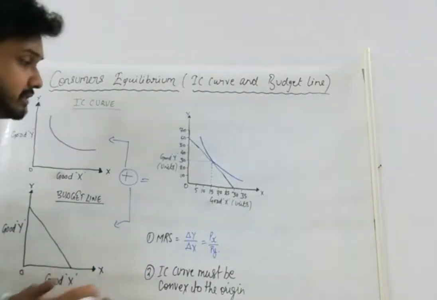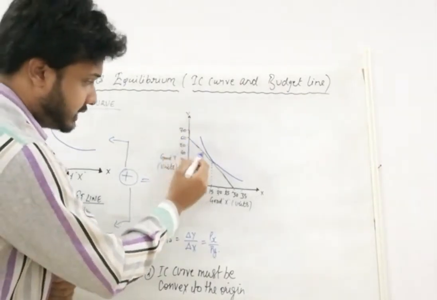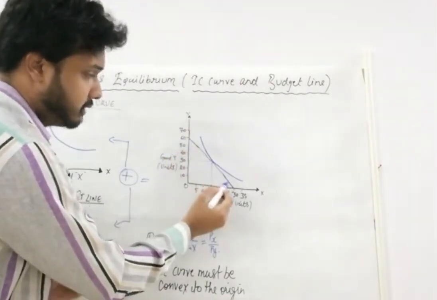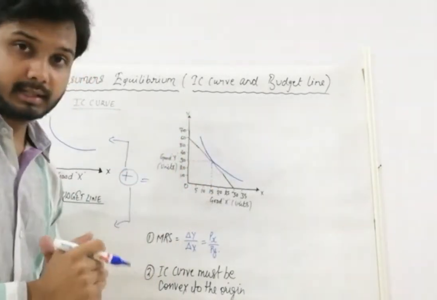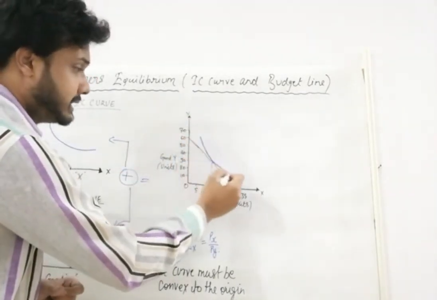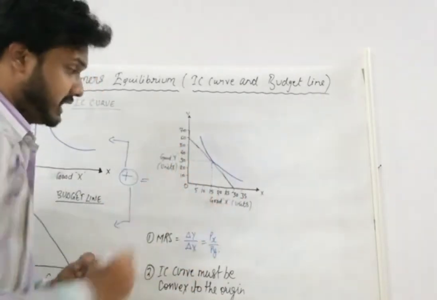Here students, you can see we have two commodities X and Y. We have a budget line here, which means this is the level of income. We cannot purchase goods beyond this income level. This is the indifference curve. It will show us the various combinations of X and Y.